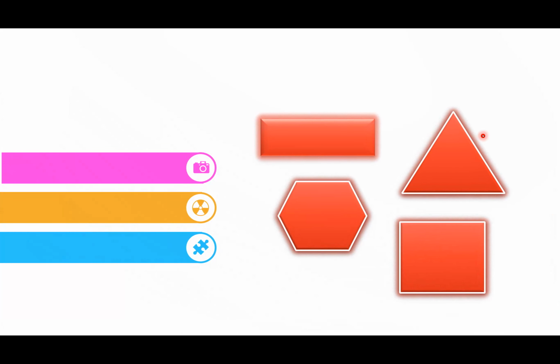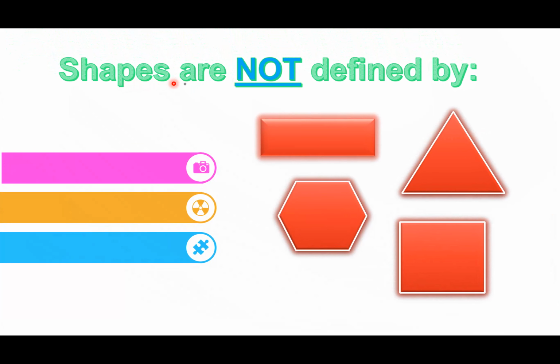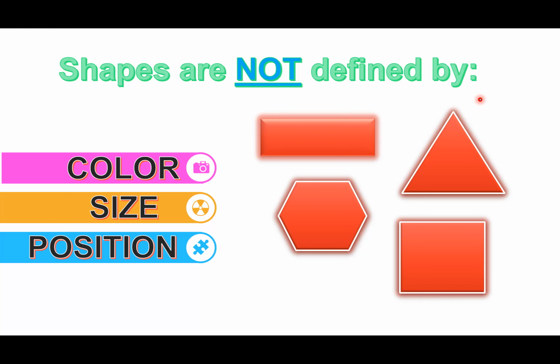Then we also learned that shapes are not defined by color, size, and position. Here, what shape is this? Excellent, it's a rectangle. This one, bravo, hexagon.